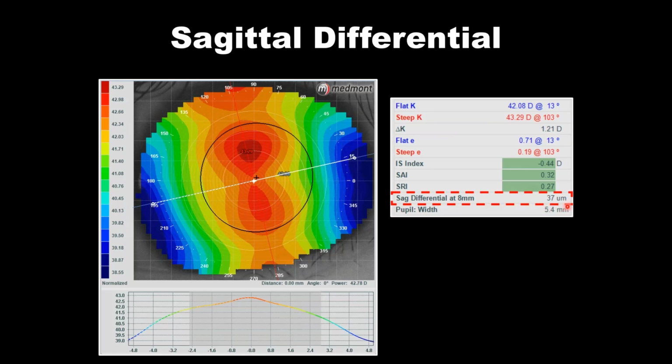Here we see that this patient has a 37 micron difference in the height of the eye this way versus the height of the eye this way. Remember, when you're at 30 microns or greater of sagittal differential, that's when you want to consider using a toric rigid lens and a toric ortho-K lens.